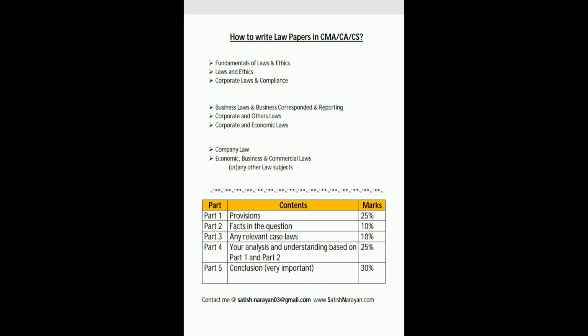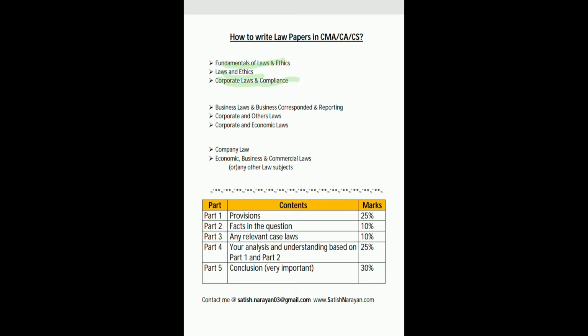I just listed down the subjects which we have in your professional courses. We can see that we have the fundamentals of law and ethics in your CMA Foundation, laws and ethics in your CMA Intermediate, and the very important corporate laws and compliance in your CMA Final.